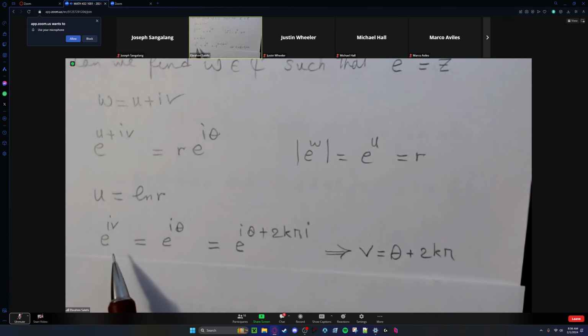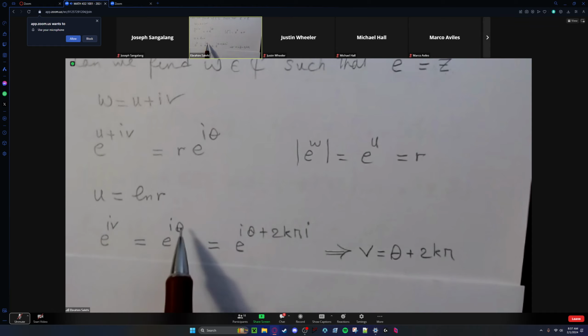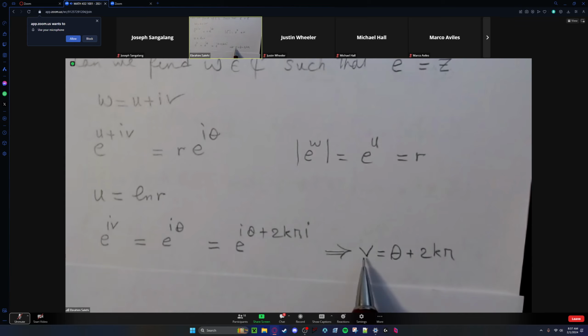And here is one of the very important differences between an exponential function in complex and the exponential function in calculus. In calculus, if you have such a thing, right away you say iv equals i theta. But we cannot do that in complex. In complex, iv will be i theta plus 2k pi i, k being an integer, all right?